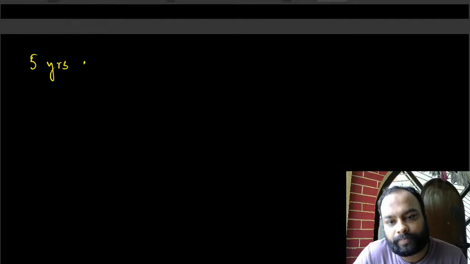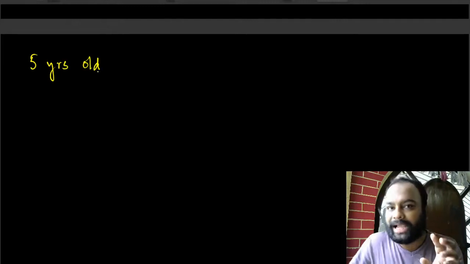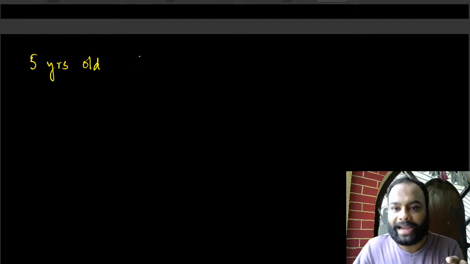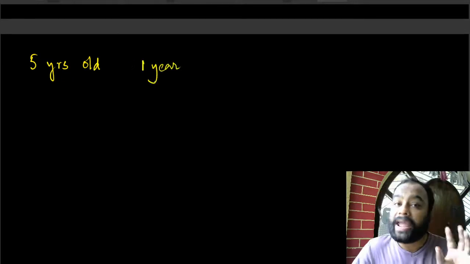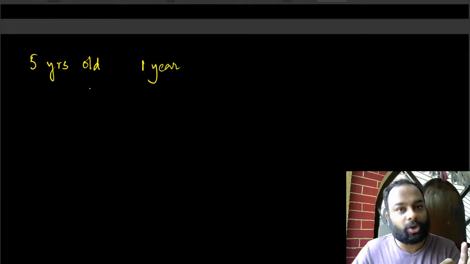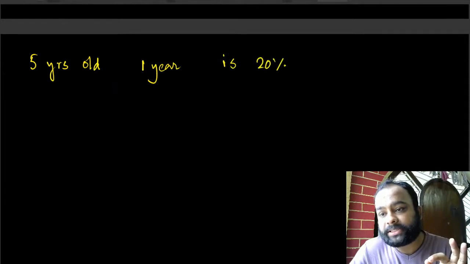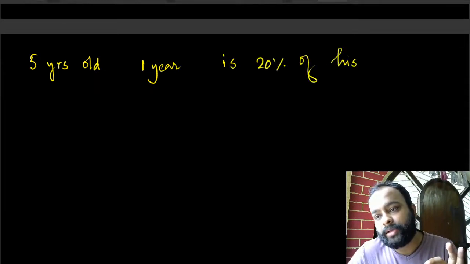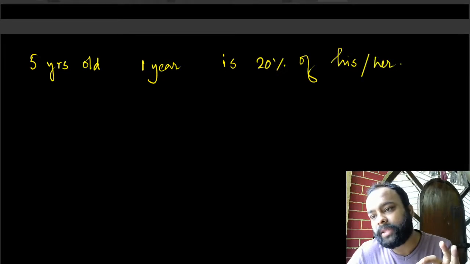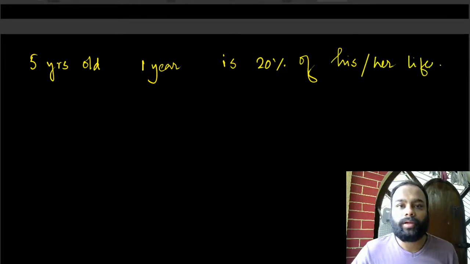Something like that. So as human beings, that is how we perceive time. The perception of time. For example, take someone who is 5 years old, a child who is 5 years old. For that child, 1 year is a very long amount of time, because for a 5-year-old kid, 1 year is 20% of his or her entire life, right?